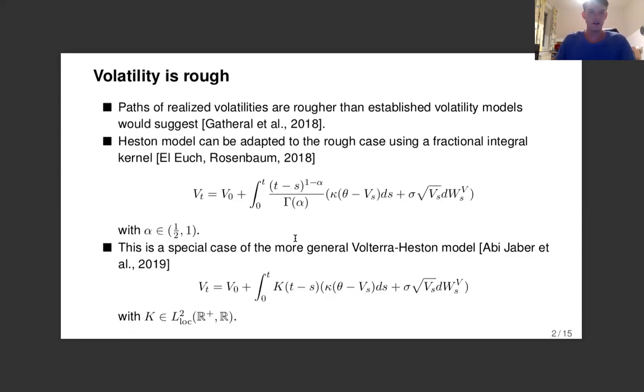This fractional integral kernel is just a special case of a more general class of volatility models, the so-called Volterra-Heston models, which have been studied by Abi Jaber. Here the volatility is again modeled as a convolution, but the kernel can be a more general L2 function.